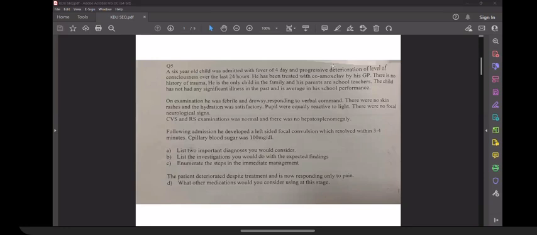I suppose you can't say it's wrong, but the deterioration of level of consciousness was rapid, and he's having no focal neurological signs, which makes it a bit unlikely. But I suppose you are not wrong by putting it as a possible diagnosis, but definitely not the 1 or 2, it's probably the 3.